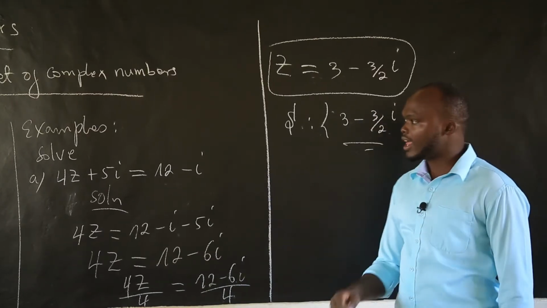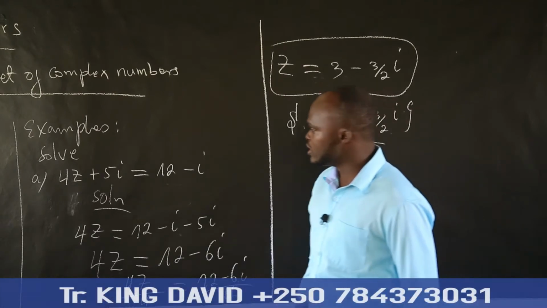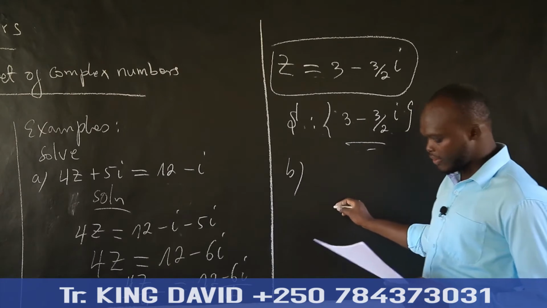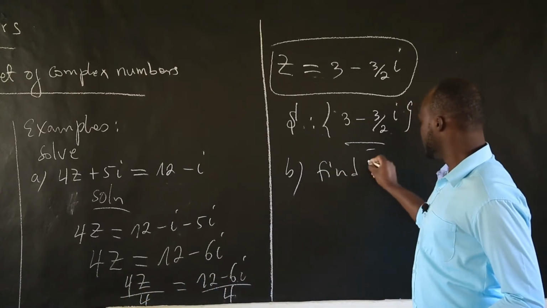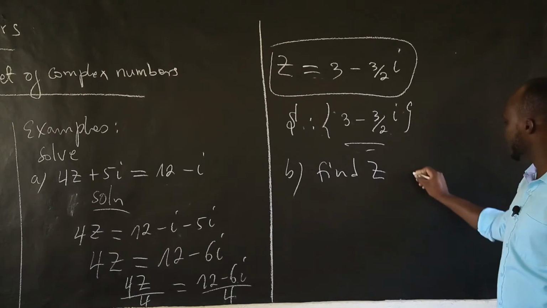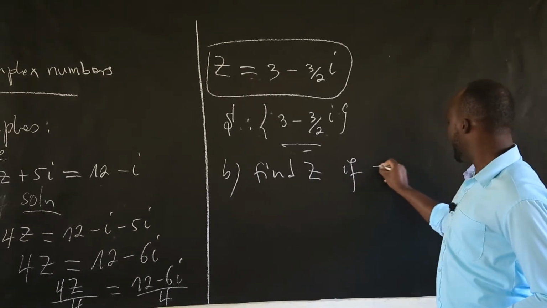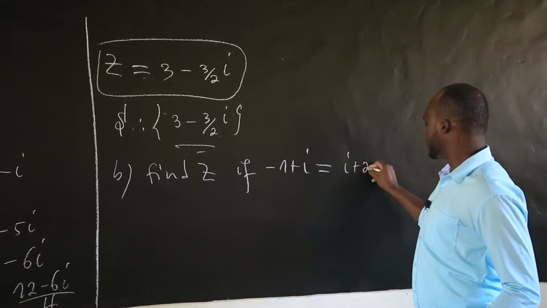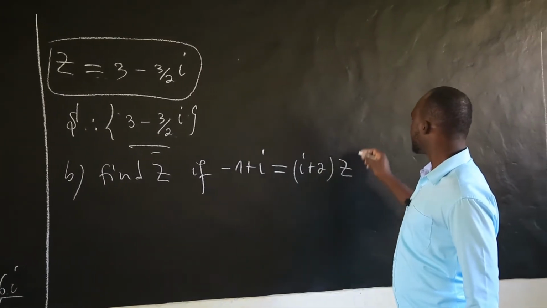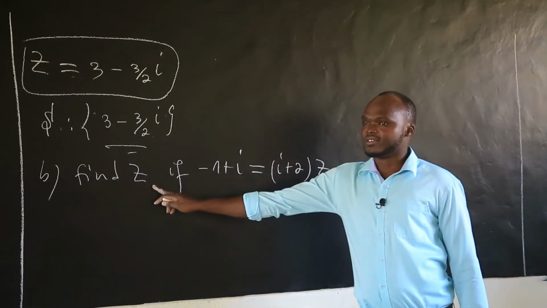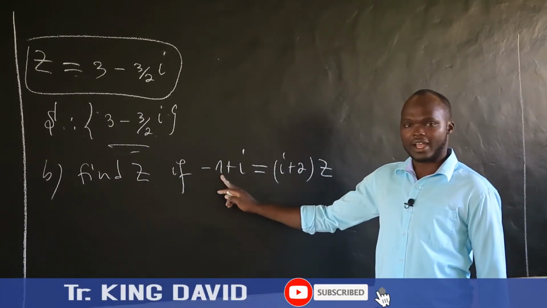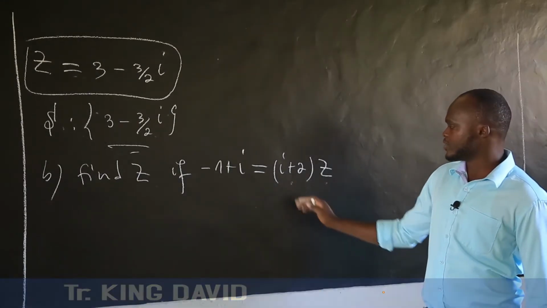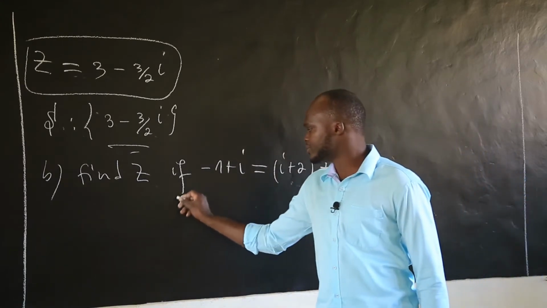That's how to solve a linear equation. So this was A. Now B is saying find Z. Find the value of Z if negative 1 plus I equal to I plus 2 into bracket Z. How can we solve this one?